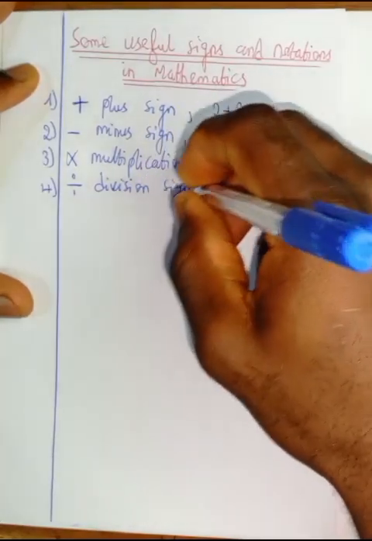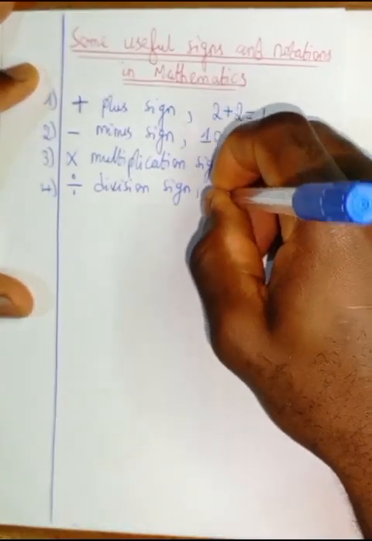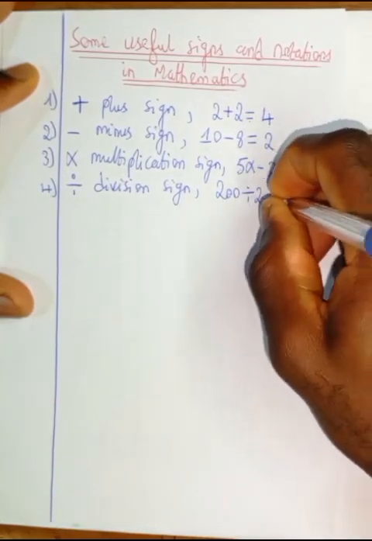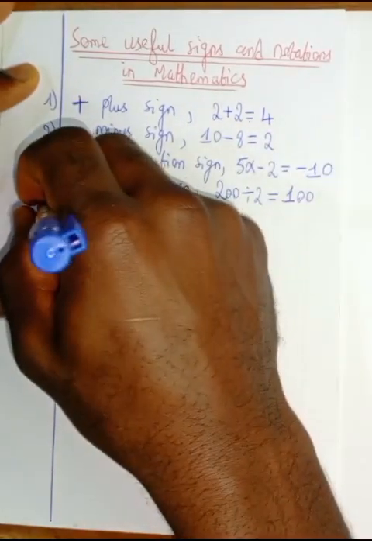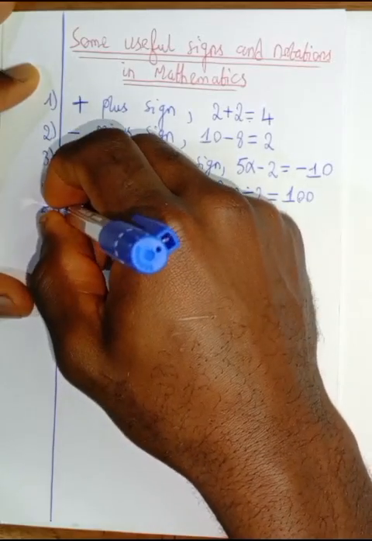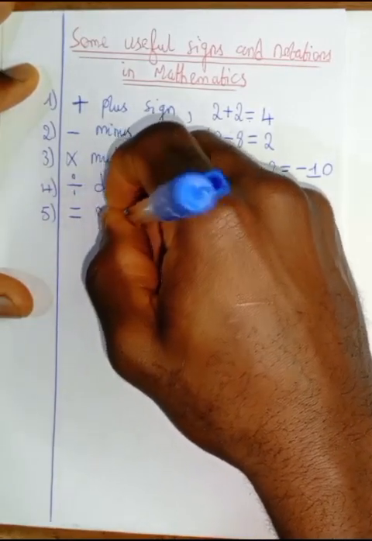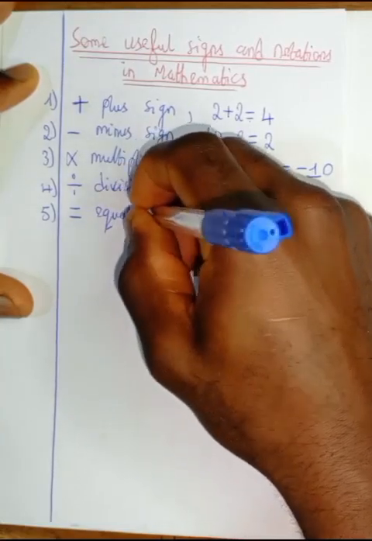Take, for example, 200 divided by 2. The answer is 100. We have the equal to sign, the equality sign.